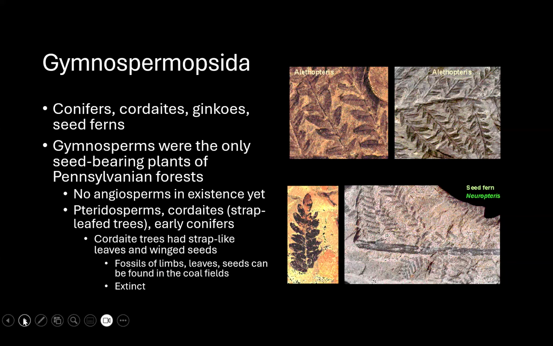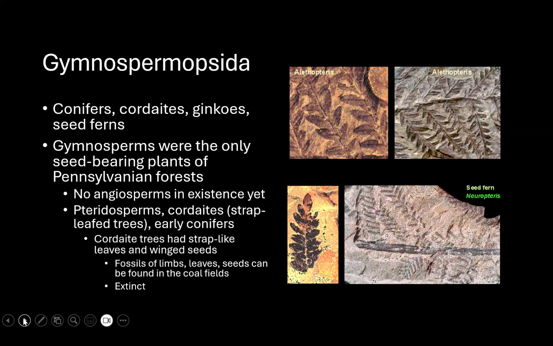So you had those seed ferns, you have early conifers, and what we also refer to as cordaites. Cordaites are strap-leaved trees, basically because they had strap-like leaves. But what's also interesting is they had winged seeds.